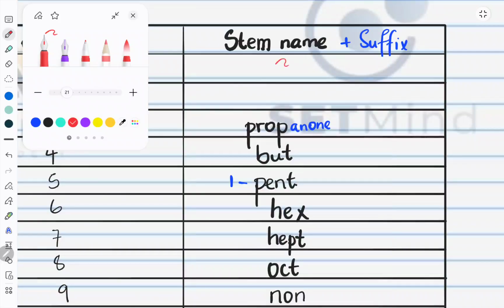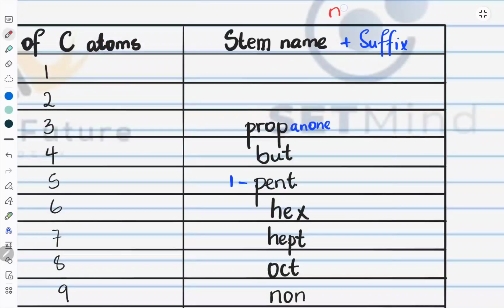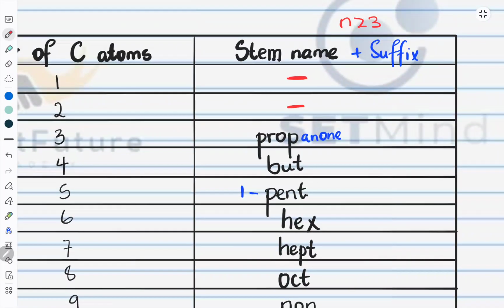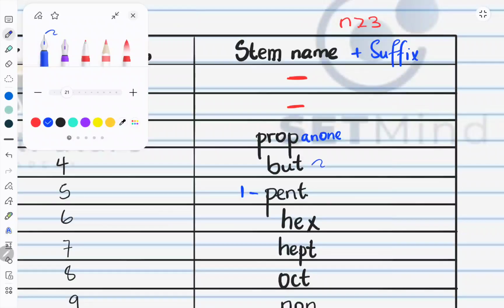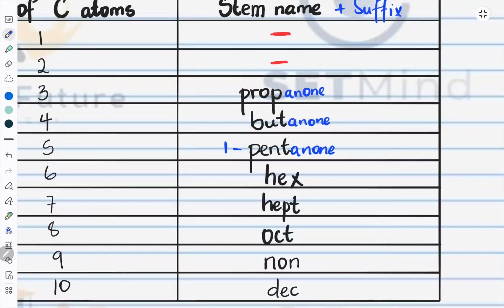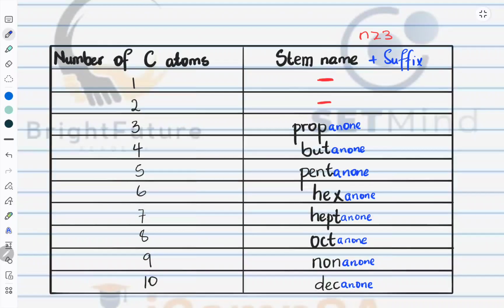Remember, our rule was N must be greater or equal to 3. So this one and that one, the number of carbon atoms is less than 3. So we start from propanone, okay? So there's butanone, pentanone, hexanone, you know, the same thing. We're just adding the suffix, all right? All right, so this would be how we name the final IUPAC name for simple ketones.